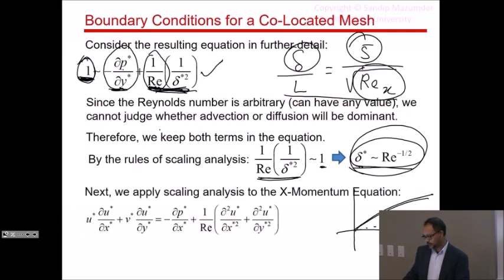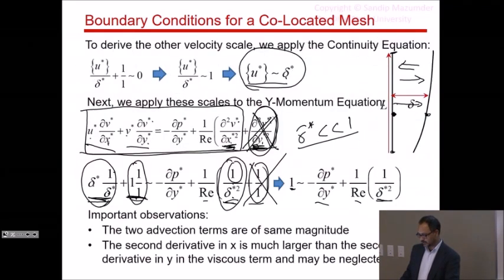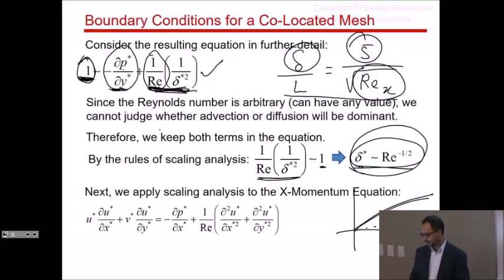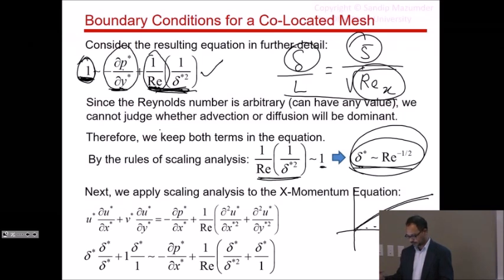And we apply now, so here I did y momentum, this equation. Now I'm applying it to the x momentum, this equation. Remember, in our case the boundary layer is sort of vertical, so it actually looks like this in our case.